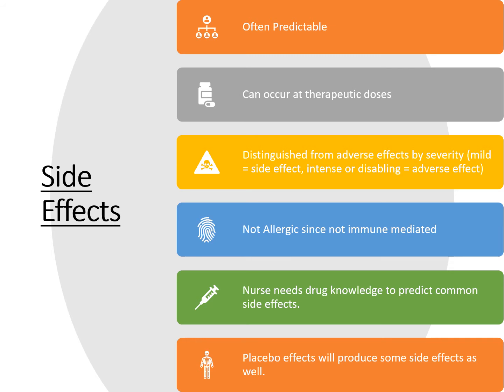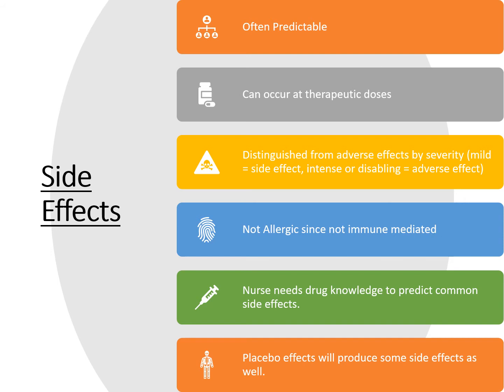So the nurse taking care of a patient often needs to know the common side effects, right? Especially when patients are getting new prescriptions for a medication. Say they're getting a new medication to treat their blood pressure.